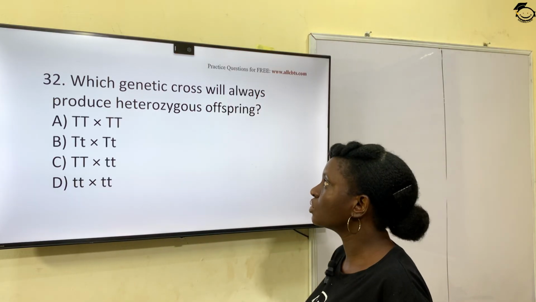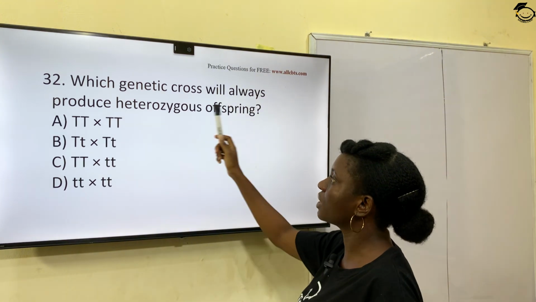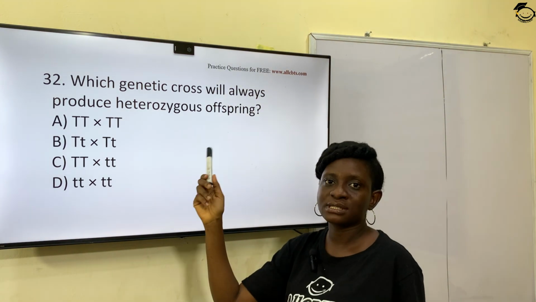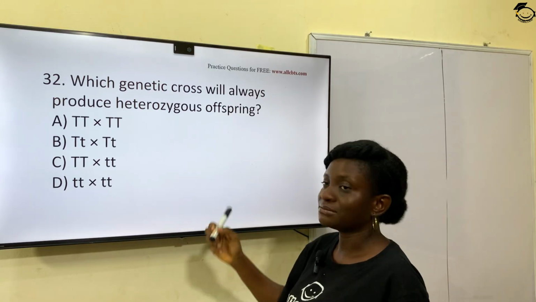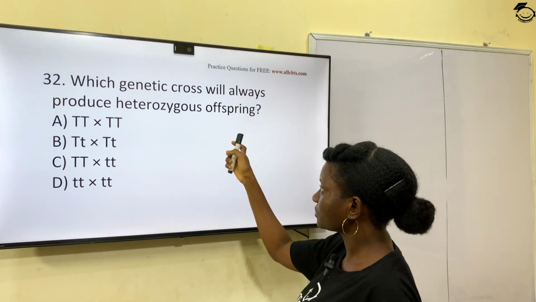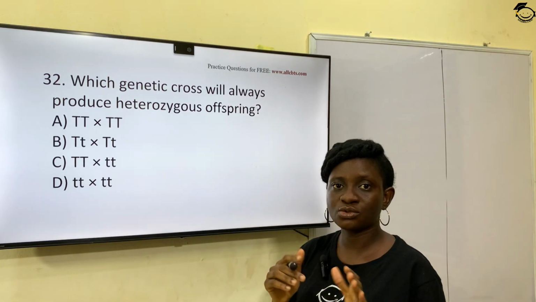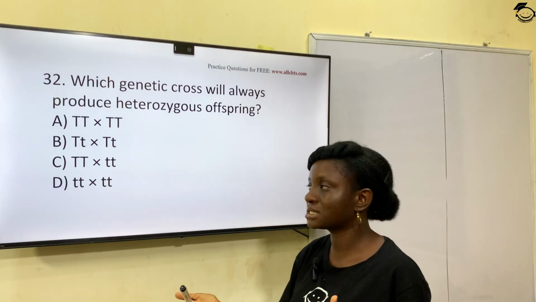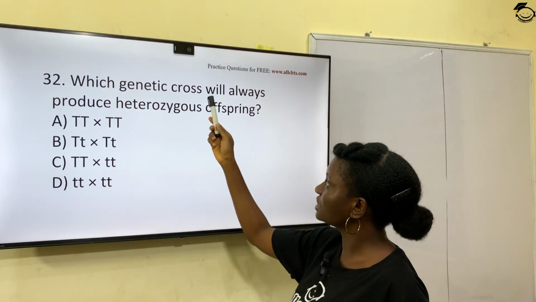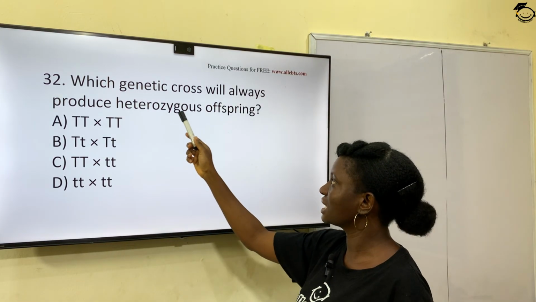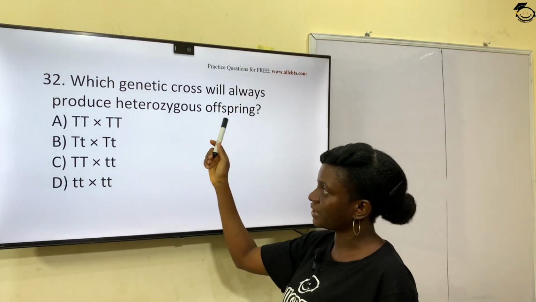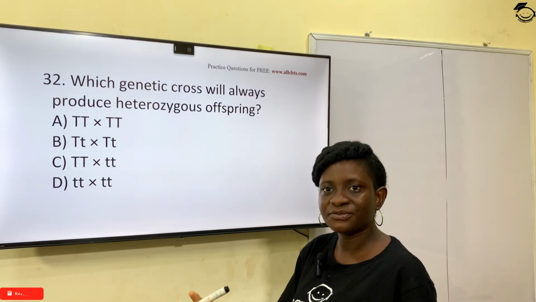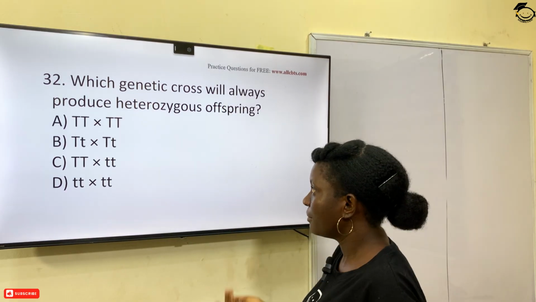Question 32. Which genetic cross will always produce heterozygous offspring? Heterozygous offspring means you have two different variants, the recessive and the dominant one. That is when offspring inherit two different variants from their parents.